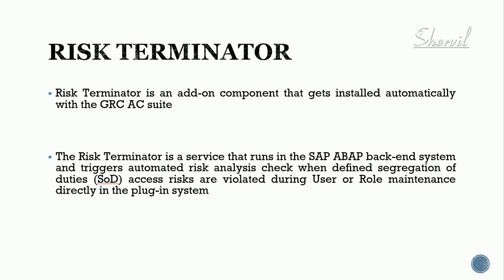Or what if a critical transaction code is added to a role, like critical transaction codes such as SCC4, for example, or SE06, the PFCG for role creation or SPRO for customization? What if these transaction codes are accidentally assigned to users or added to a role without performing any risk analysis?